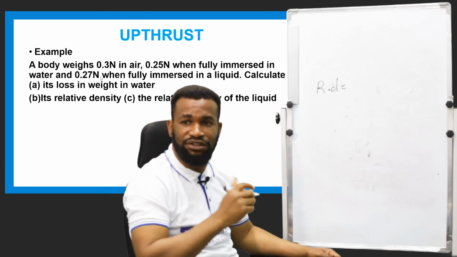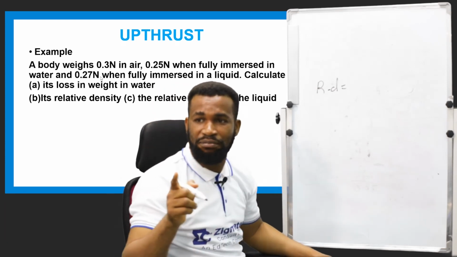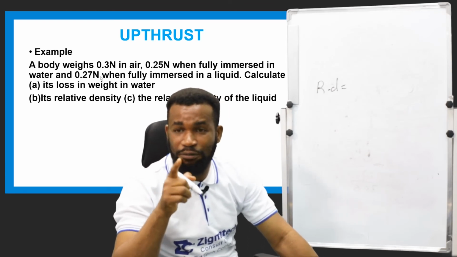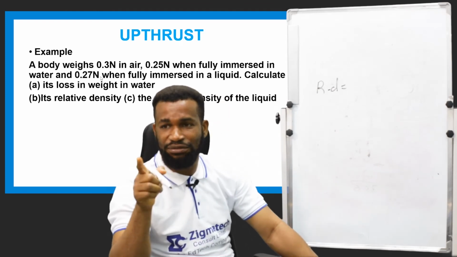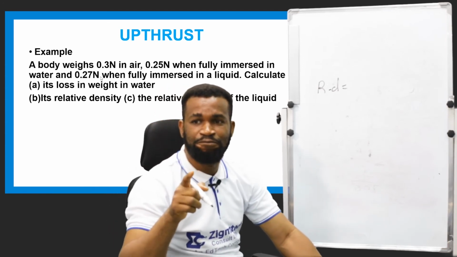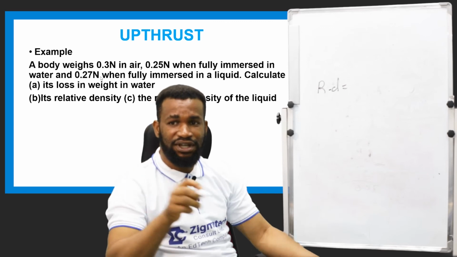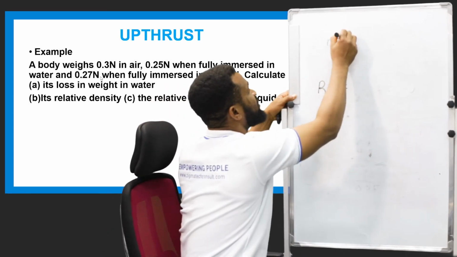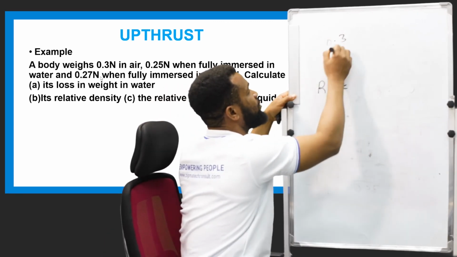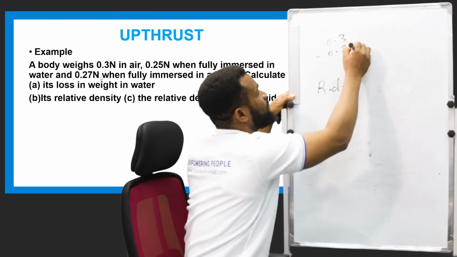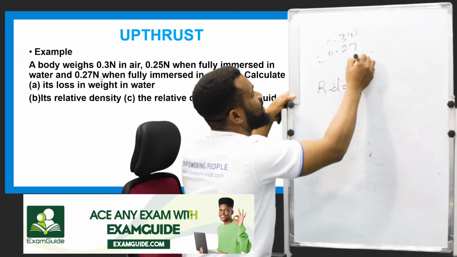Remember the question said 0.25 when fully immersed in water, and 0.27 when fully immersed in a liquid. So the upthrust in liquid is the weight in air minus the weight in the liquid, and that is 0.3 minus 0.27, which is 0.03.